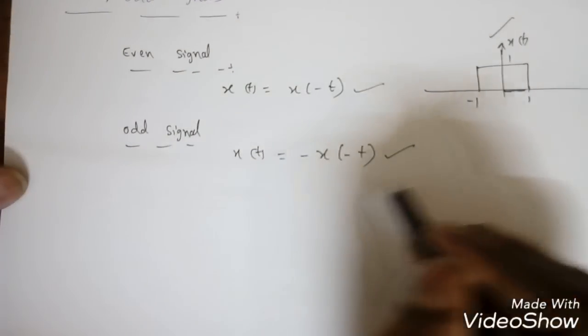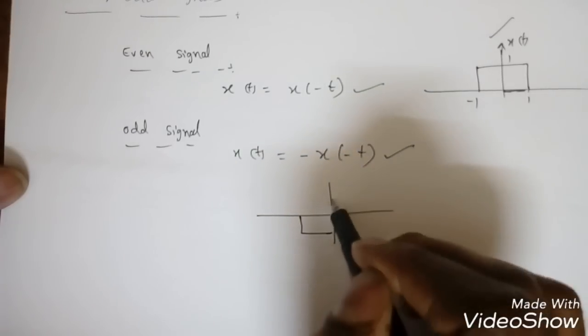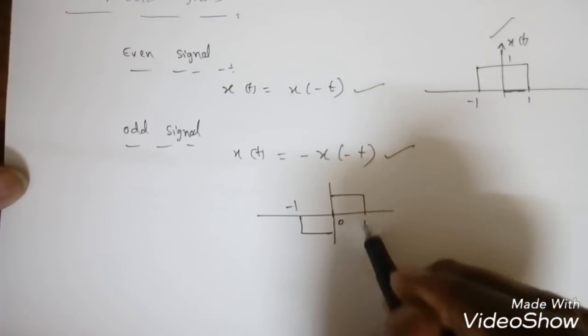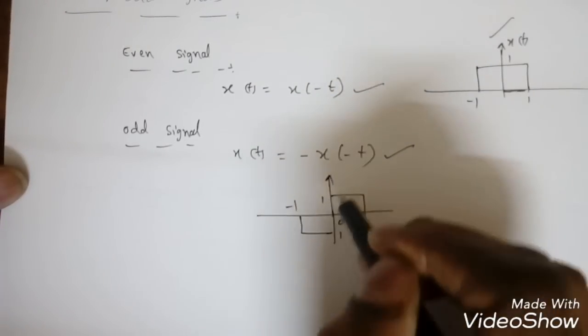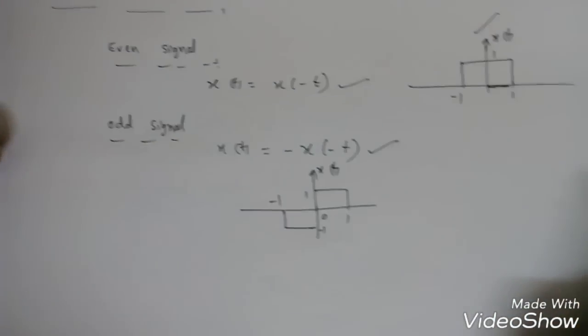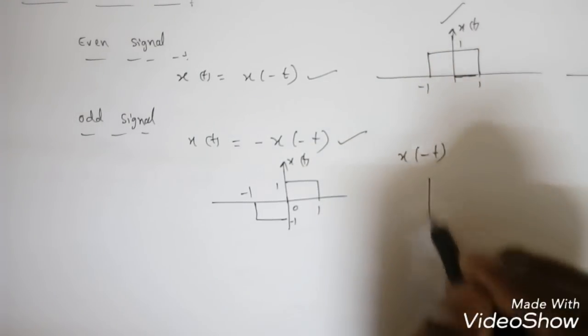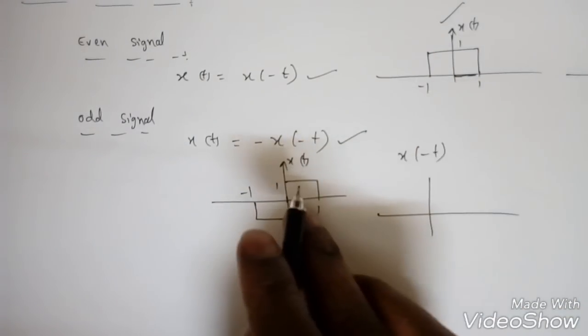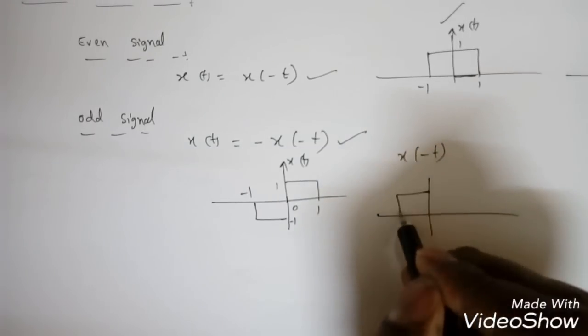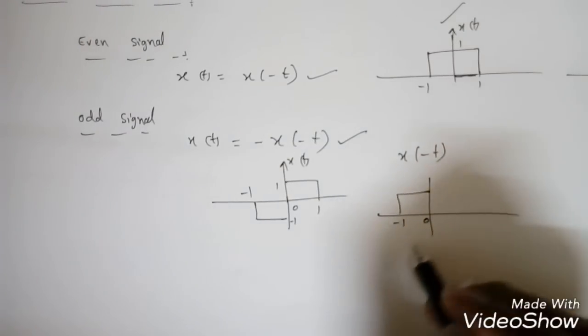So what about an odd signal? Suppose a given waveform is like this, minus 1 to 1, 0, 1, this is 1, 1, minus 1. So this is x of t. These types of signals are odd, because if I take x of minus t, what will we get? From 0 to 1 it will go to plus 1, and on the negative axis 0 to minus 1.